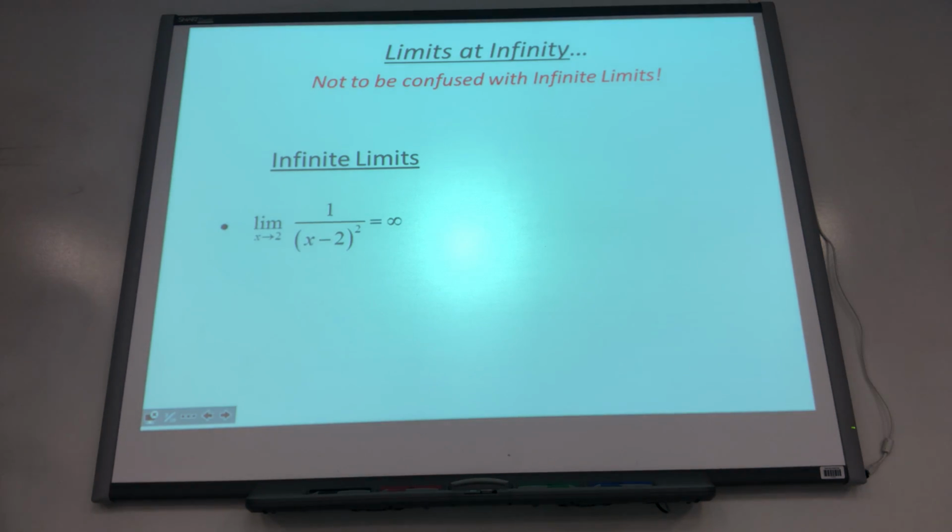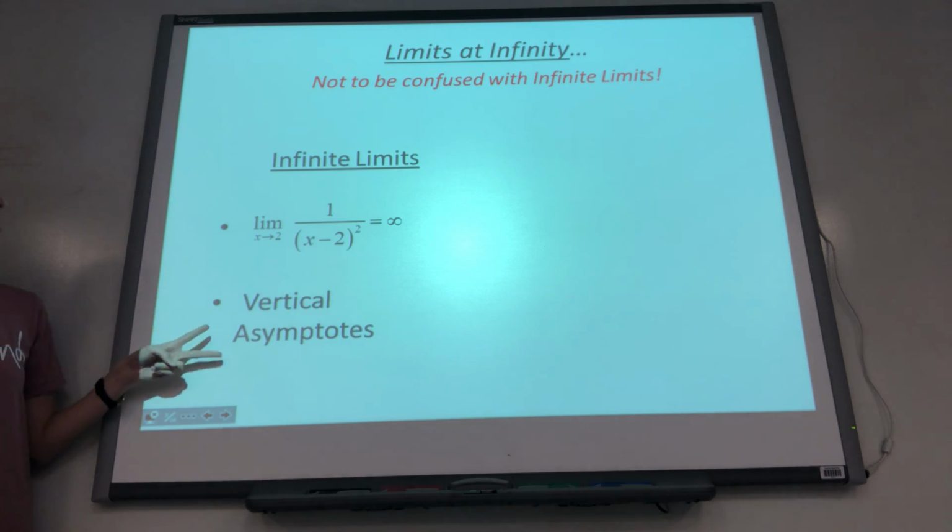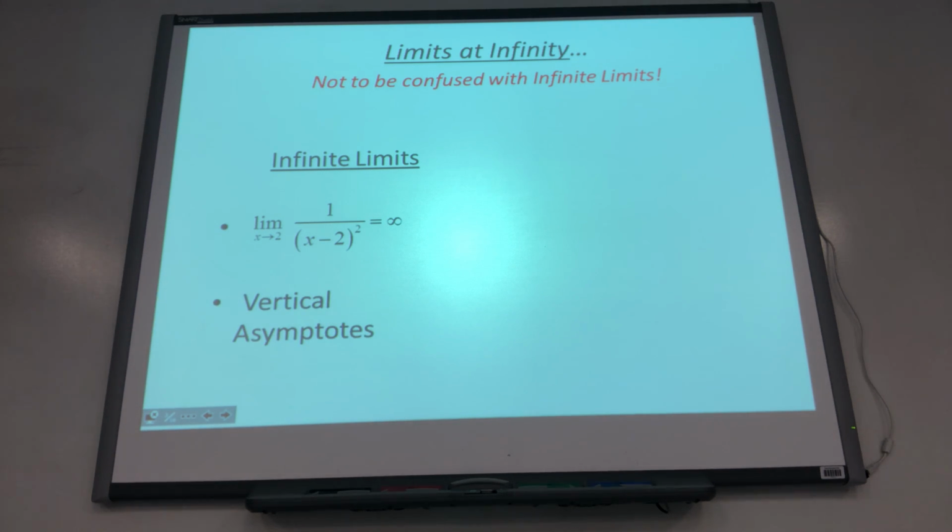In this case, it's positive. And we also know with infinite limits that it's all about vertical asymptotes. Those were a big deal because with those, you're either increasing without bound or decreasing without bound. Just depends on what direction you're going.